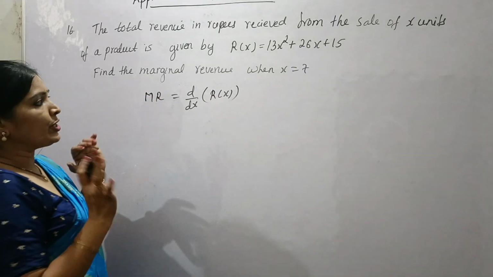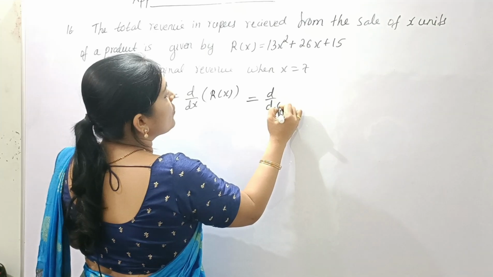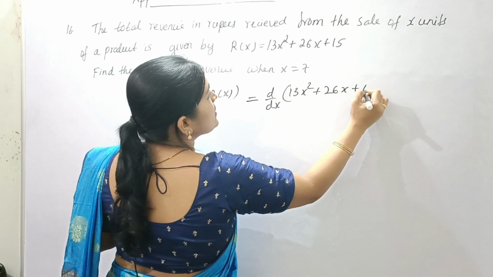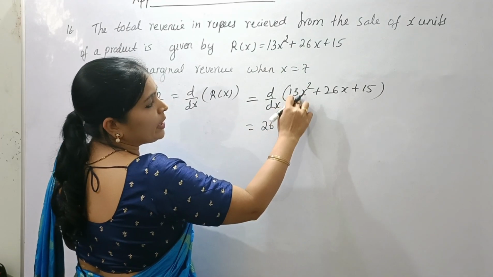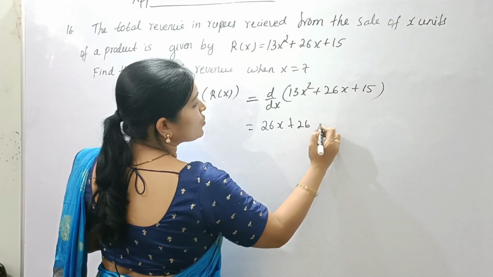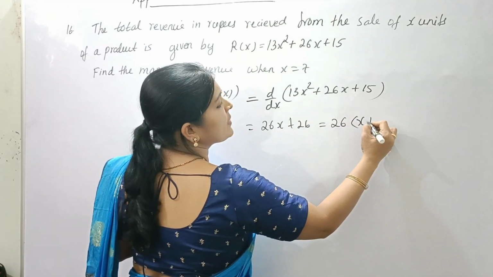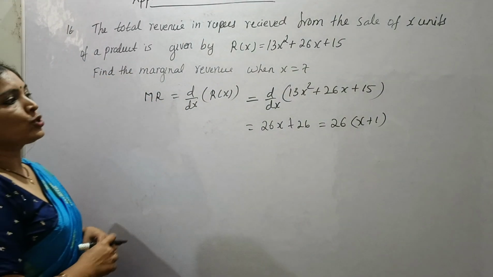So note it down: marginal revenue is equal to d by dx of R of x, where x is the unit here. That is d by dx of 13x square plus 26x plus 15, which is 13 into 2x, that is 26x, plus 26. Taking 26 common, 26 into x plus 1. So marginal revenue is 26 into x plus 1.